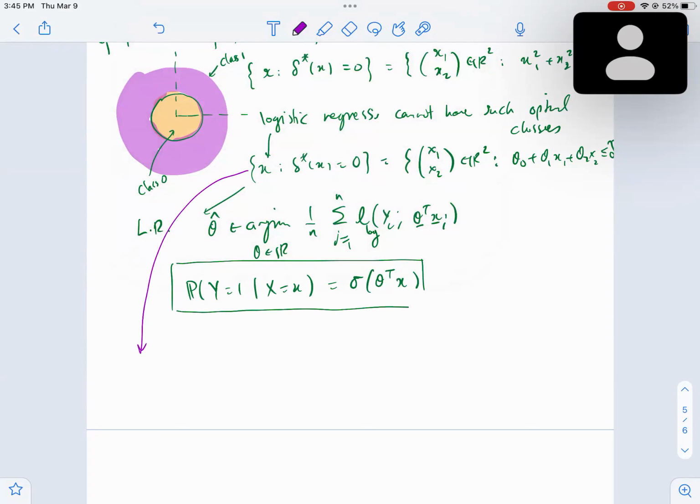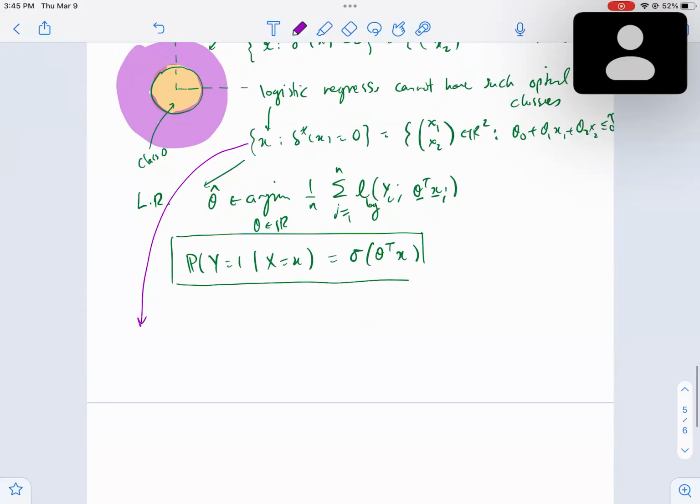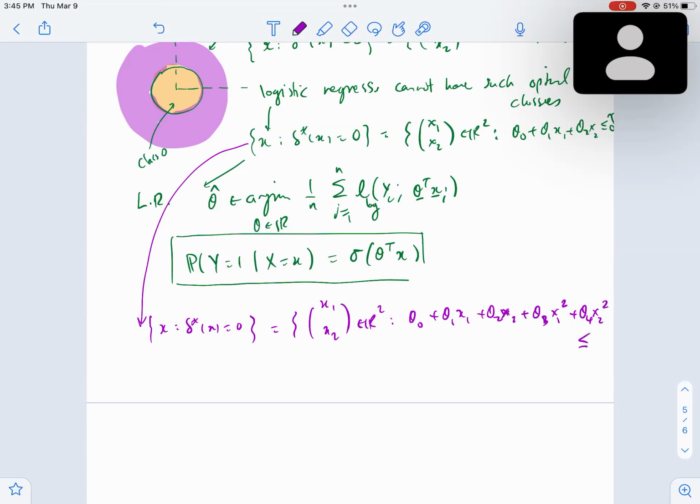I want my decision boundary to be the set of all x such that, if I can get a model with this property, theta 0 plus theta 1 x1 plus theta 2 x2, plus theta 3 x1 squared plus theta 4 x2 squared, is less than or equal to 0.